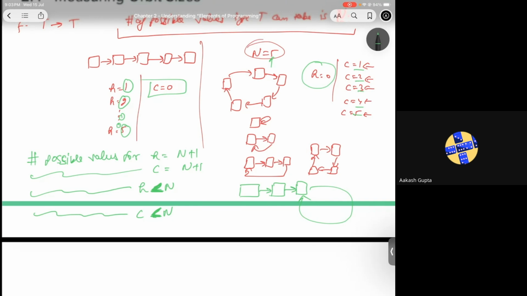So this is the discussion in the book, where if n is a perfect power of 2, then instead of returning all the possible values of h from 0 to 2 raised to power k, we return all the possible values from 0 to 2 raised to power k minus 1, or basically 0 to n minus 1.